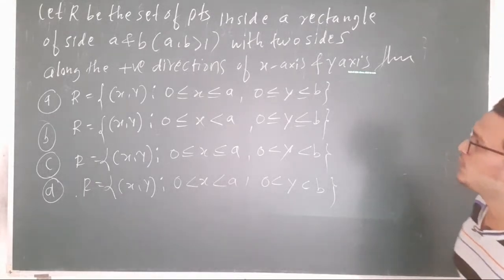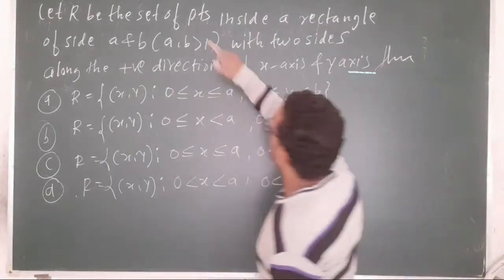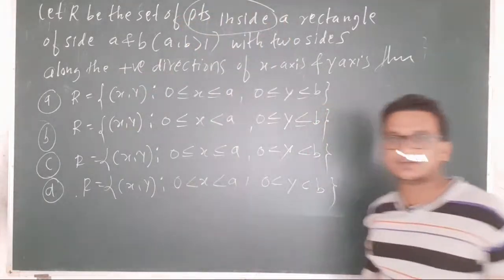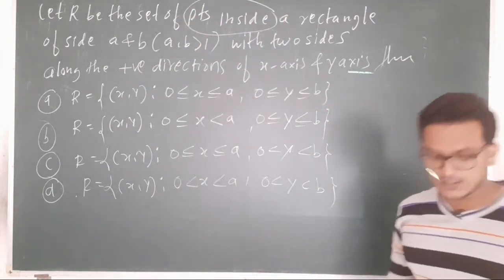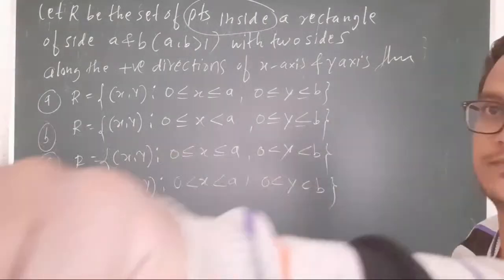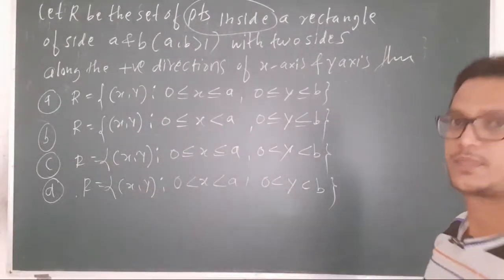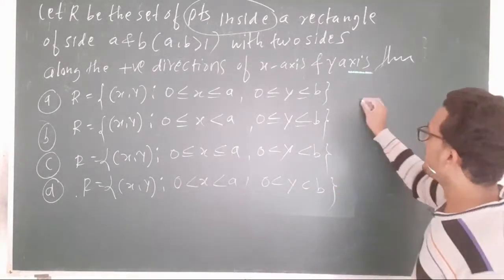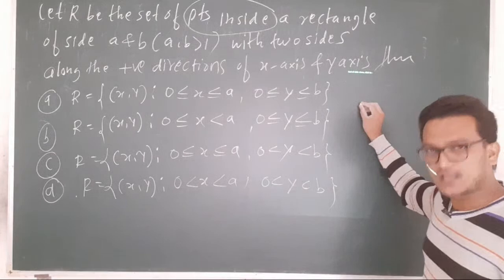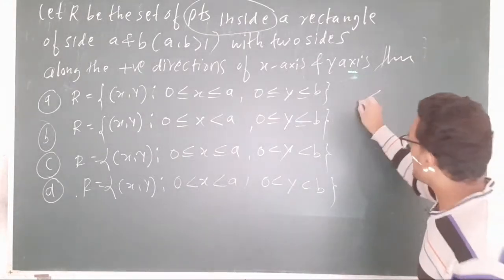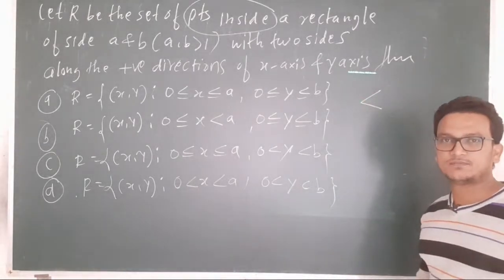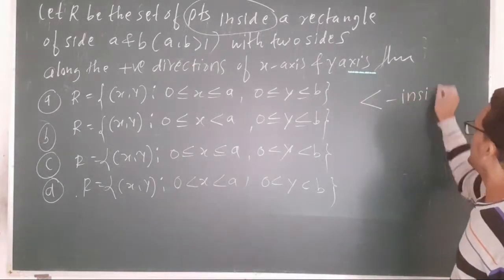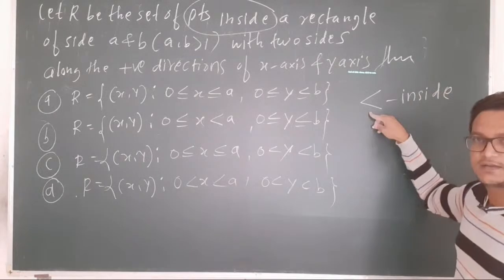Okay, in this one word is used: the points inside. That word inside plays the key role. Whenever the point is inside, your inequality is only less than. Inside means less than.